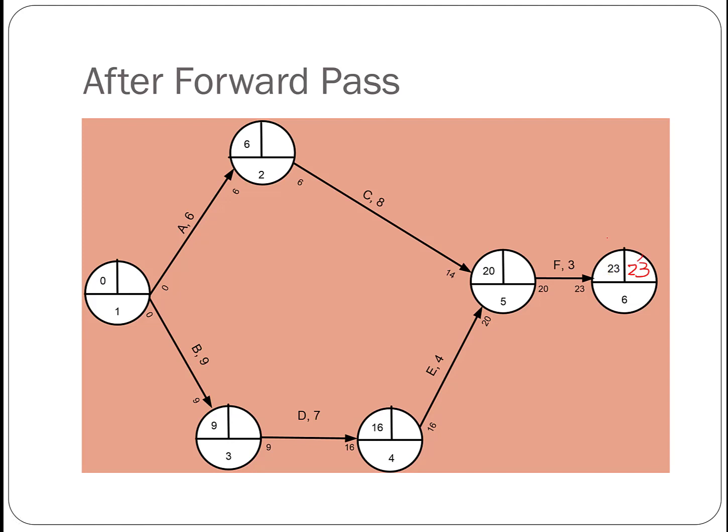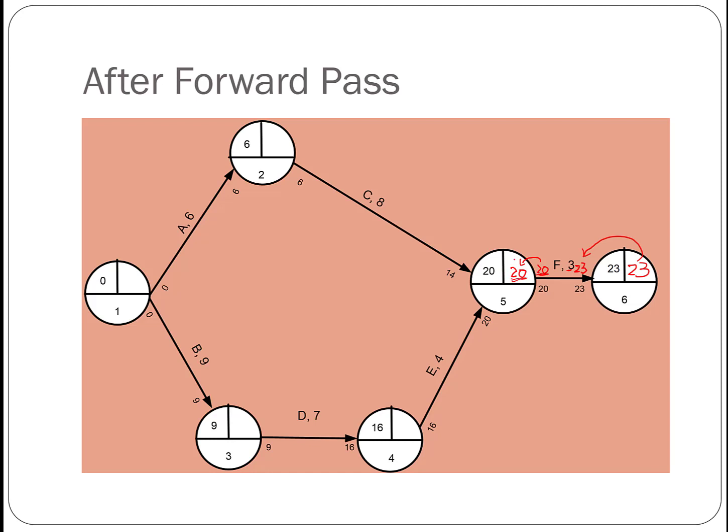And this late time comes here to represent the latest time for F to complete, which is day 23. 23 subtracting 3 gives us 20, and that is the latest start time of activity F. And then this 20 comes here, representing that the late event time for node 5 is also 20, because this node represents the starting of activity F. So if F's latest starting time is 20, then this event's latest time should be 20.